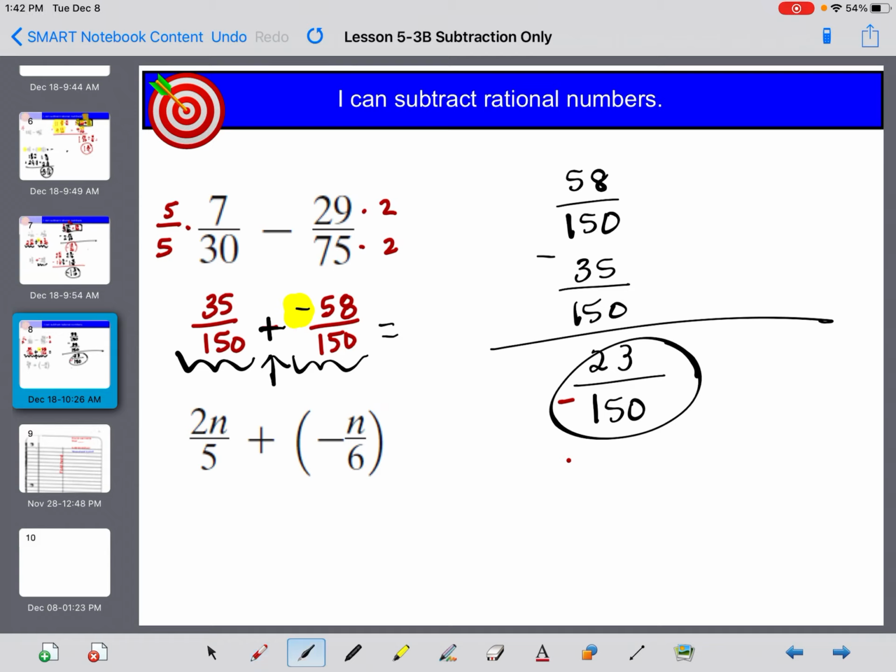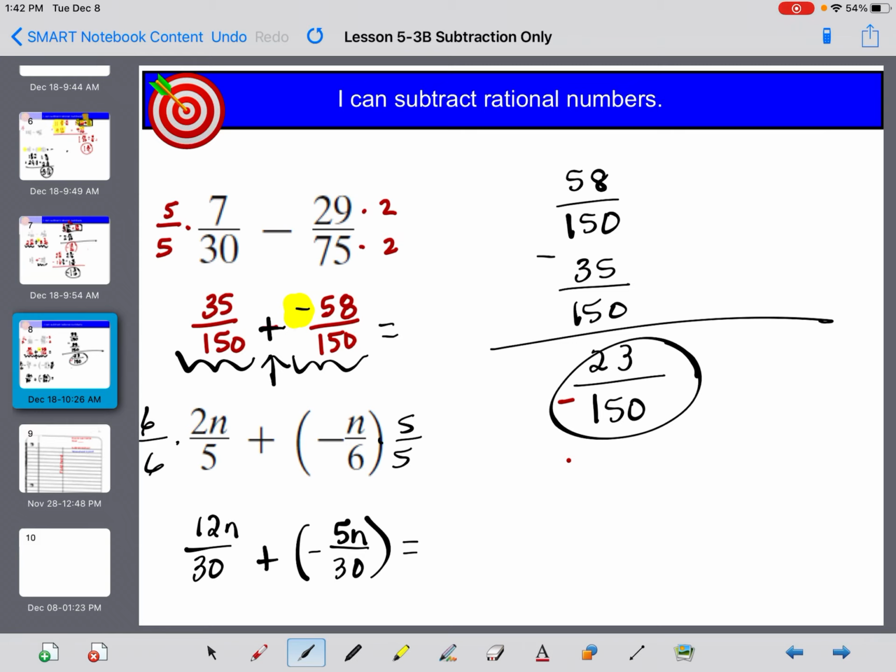The last one for the day, I've got 2n/5 and 1/6. The common denominator will be 30. I multiply this fraction by 6 over 6 and this fraction by 5 over 5. 6 times 2n is 12n over 30 plus 5 times 6 is 30, 5 times n is 5n. 12n minus 5n.